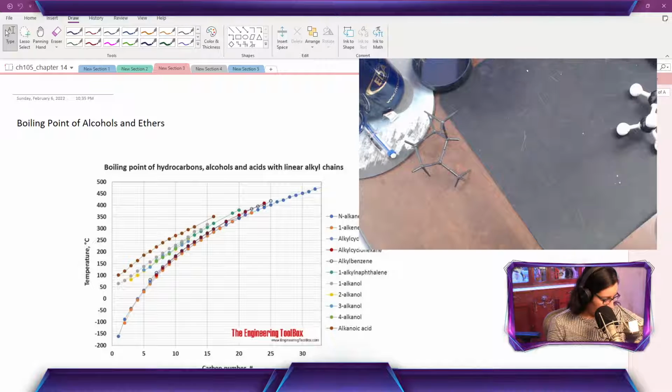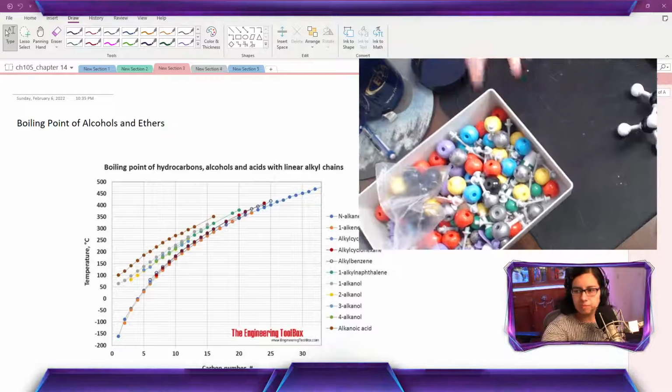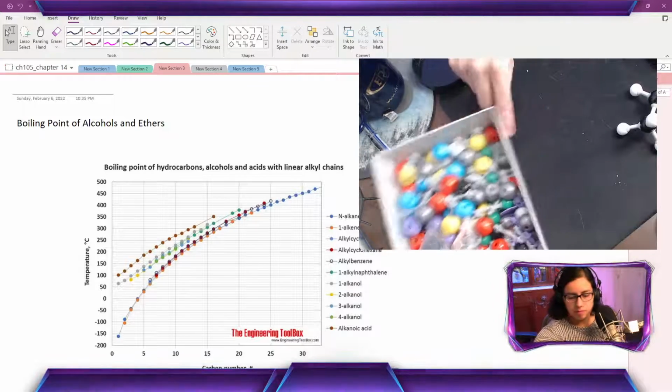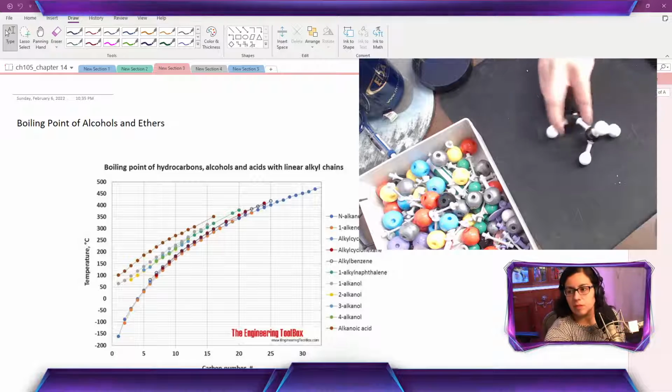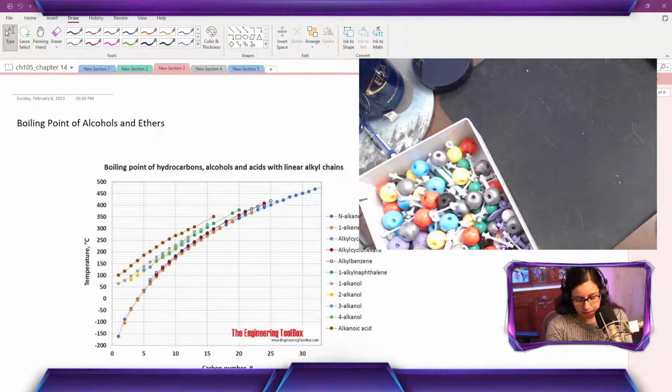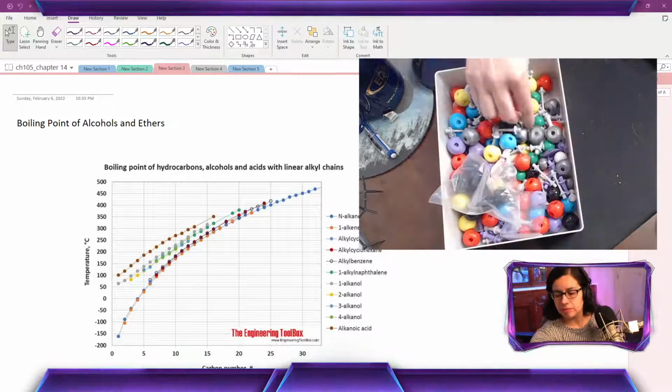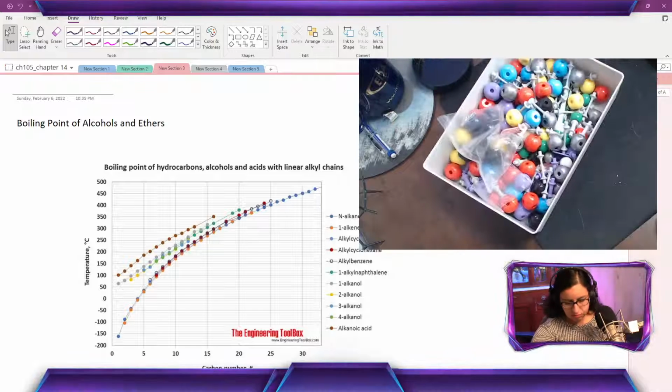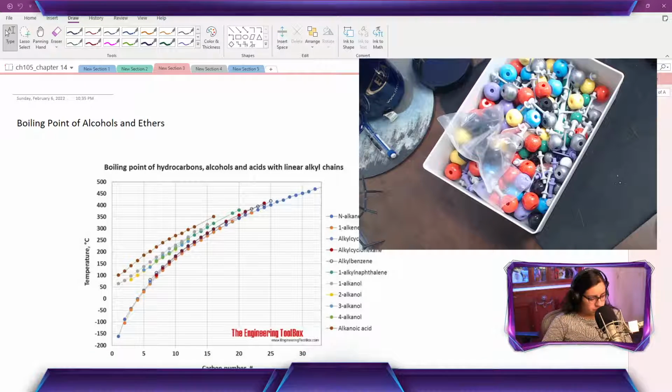There we go. I have my two carbons there for ethane, so I want to make ethanol. Let me just fill in these hydrogens.